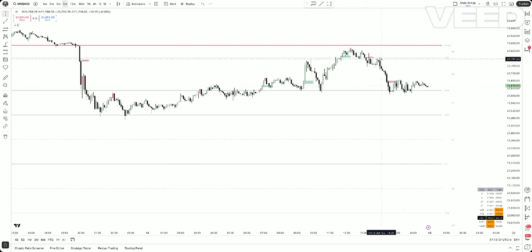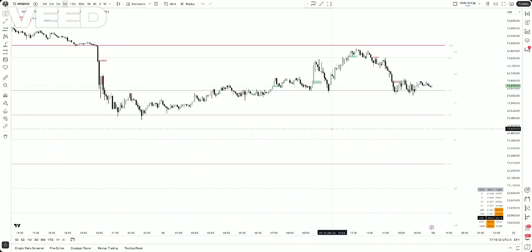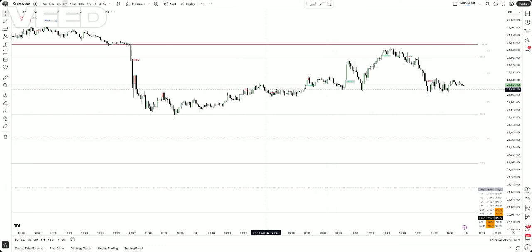I see, nice rejection down to here. That's like 200 handles already. Here, nice rejection, went all the way up. Here you would take profit. Here as well, went up into the hippo. That's 180 handles.